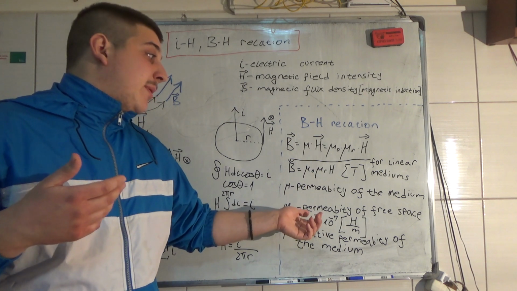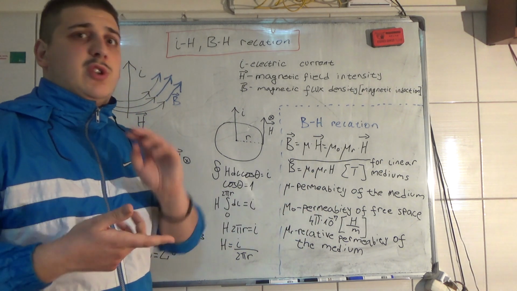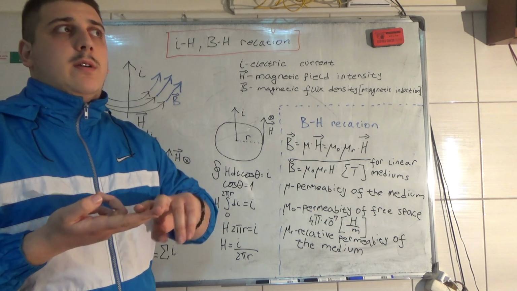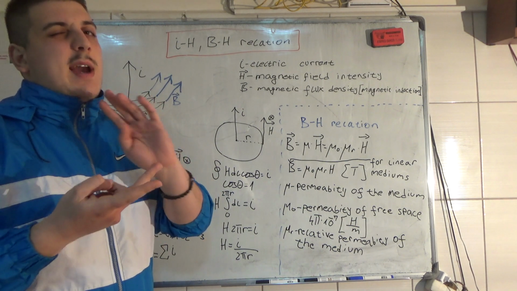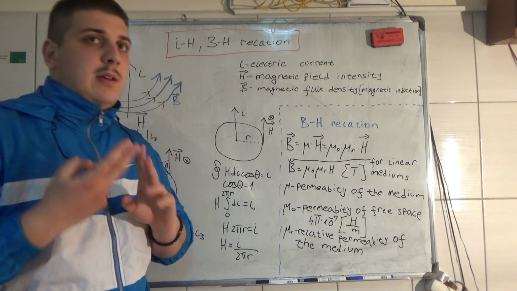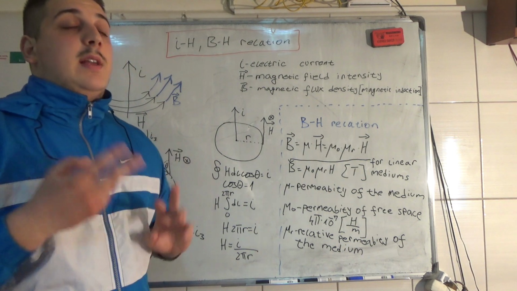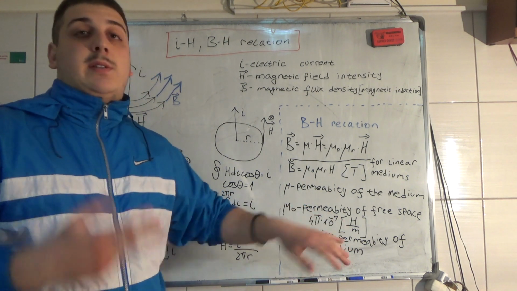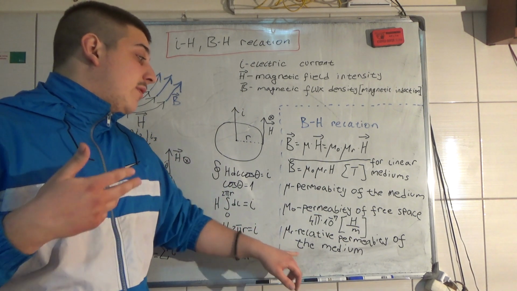Mu 0 is the permeability of free space. When I say free space, it's usually a vacuum, and it's not quite right to say it's air, but it's air. So free space is vacuum and air, and mu r is the relative permeability of the medium.